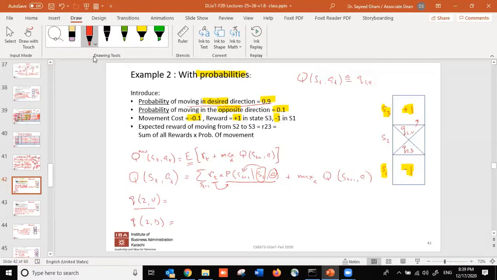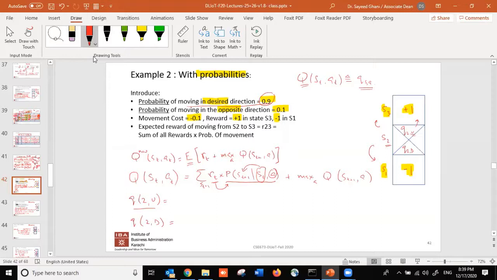What would be Q2U? So I'm using this notation Q for this notation. So I'm just writing it small q over here. What would be Q2U, which means the cumulative reward of being in state 2 and taking the action of going upwards, given that now there's a 90% chance you'll go upwards, but there's a 10% chance that you'll go downwards.